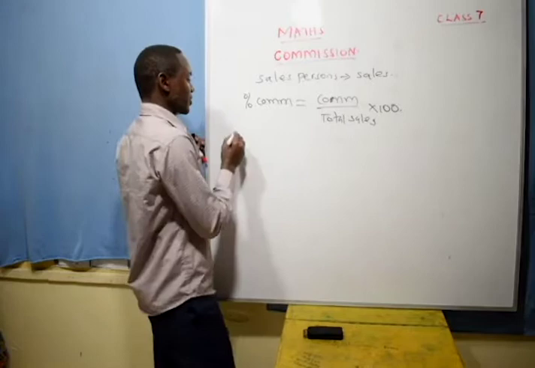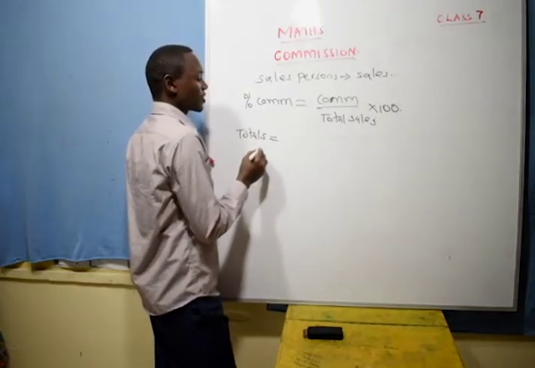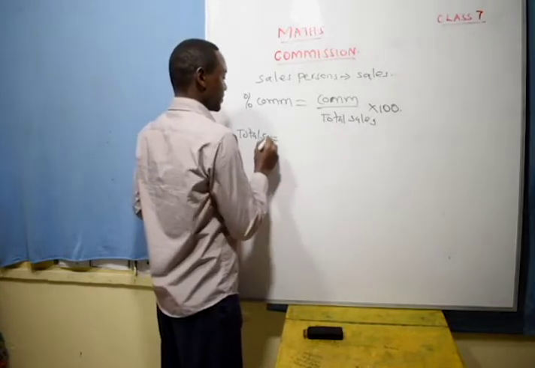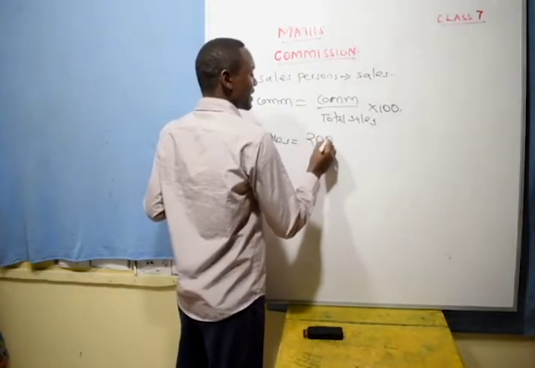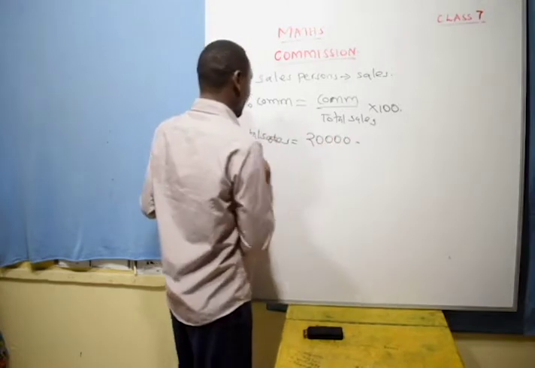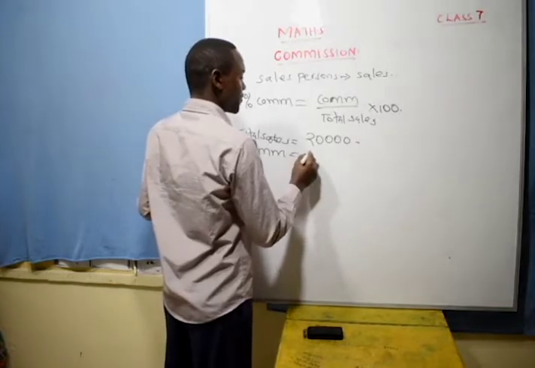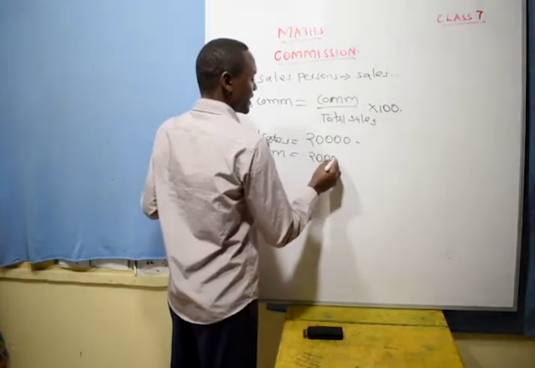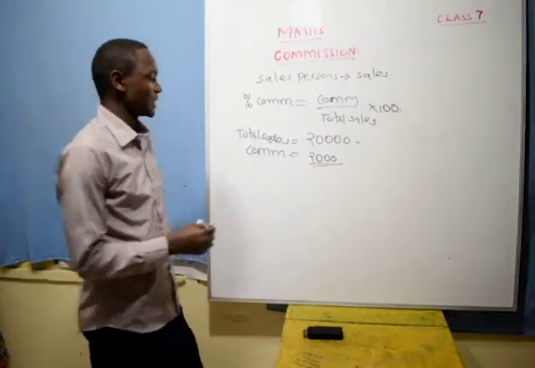For example, you have total sales of 20,000 shillings, and I give you a commission of 2,000 shillings. What is the percentage commission?